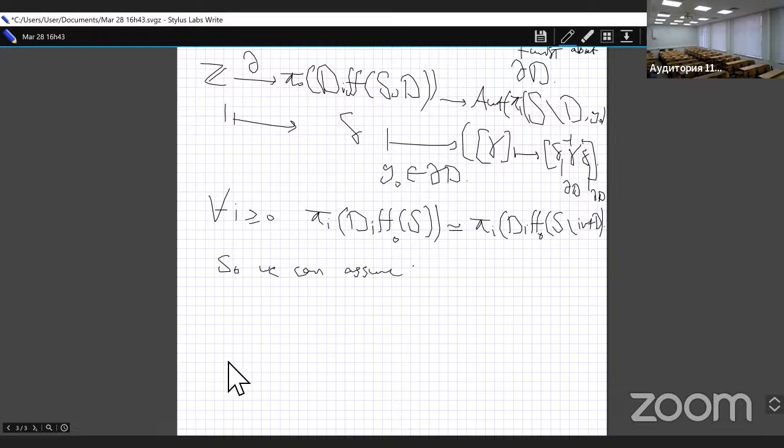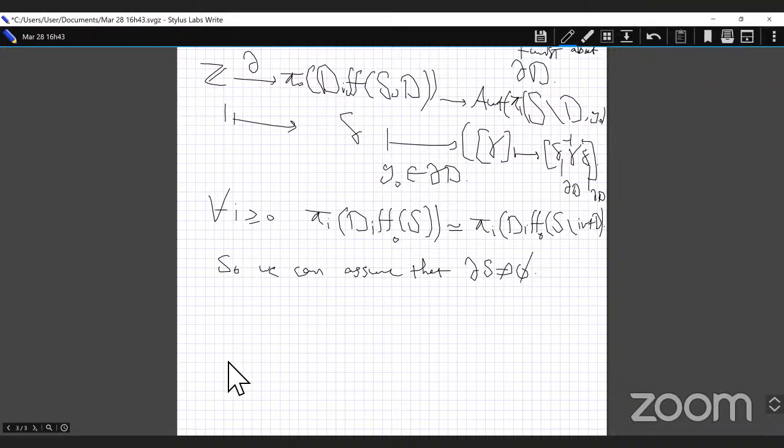So as a result, we may assume that S has boundary.